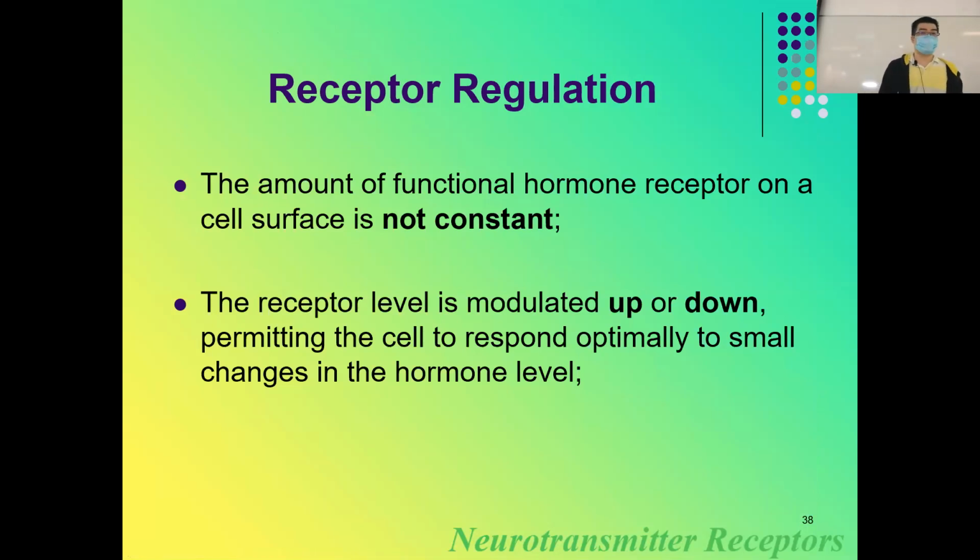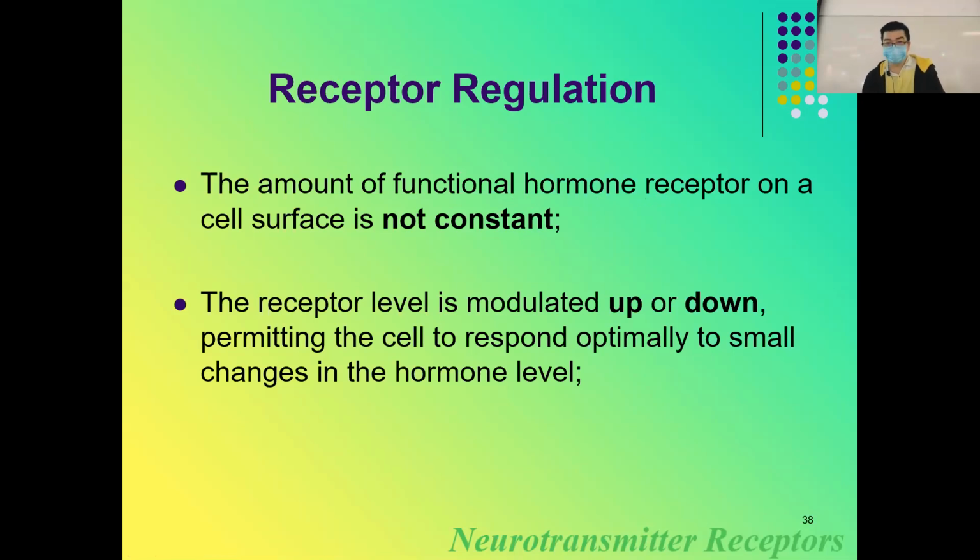This is particularly important in the nervous system, and that allows the system to respond to changes in the environment. So that's the reason why the amount of receptor, for example, is not constant. It can go up, it can go down, so that the system can fine tune to respond the best to the environment.